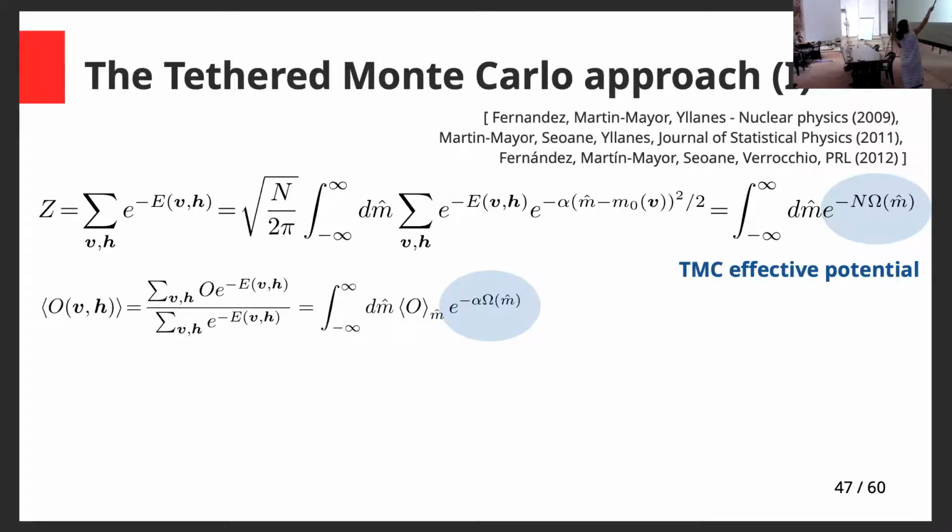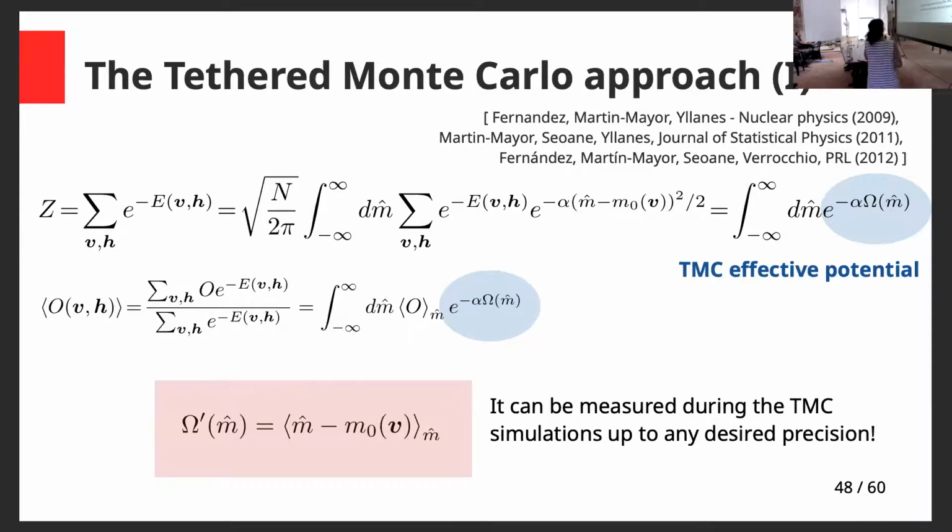This would be an alpha given by this term, because we can always integrate a Gaussian, and that's all. In the same way, if we have the observables in the M-fixed ensemble, we can reconstruct the original ones by integrating numerically this effective potential.